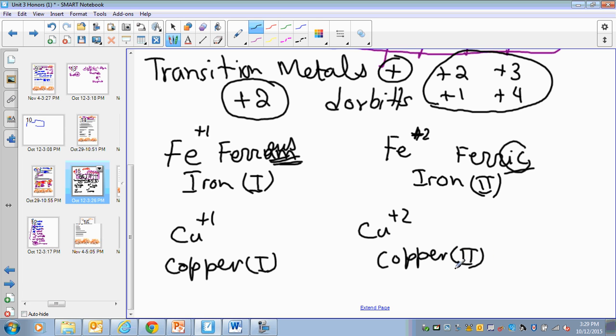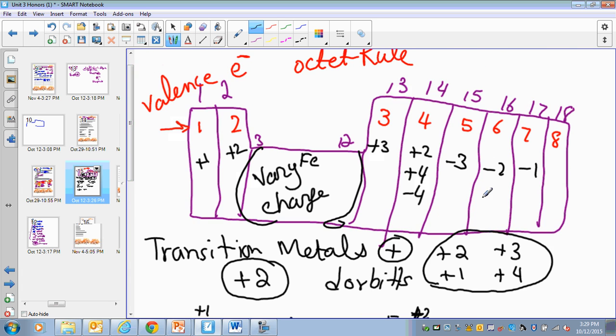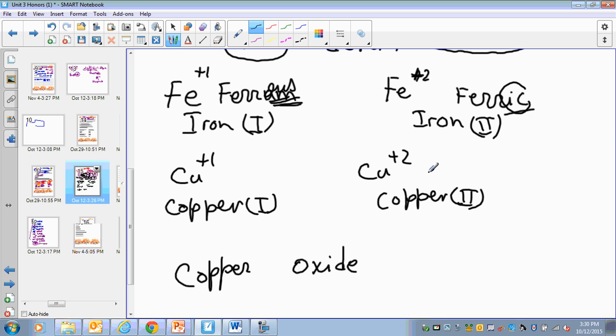So if I want you to write the formula of copper oxide, you are like, Ms. Kumar, I know that oxygen is sitting here, so I know that the charge of oxygen is -2, but copper is sitting here, and whoever is sitting in this area of the periodic table, they have multiple charges. So which copper do you want me to use? Because copper could be 1, copper could be 2.